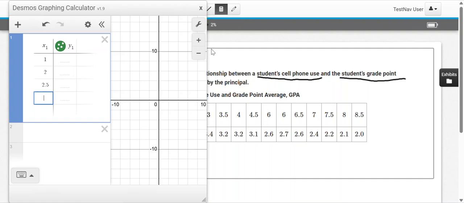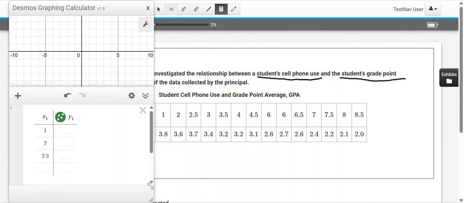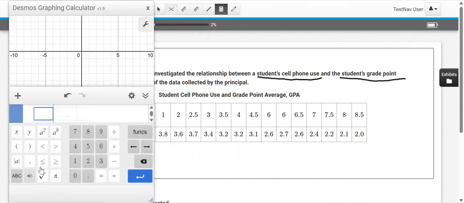It's kind of inconvenient, right? But this is how you're going to have to do it on your SOL. You probably already put your data in. Okay, 2.5. Okay, maybe that's better. 3, 3.5, 4, 4.5, 6, 6.5, and so on.